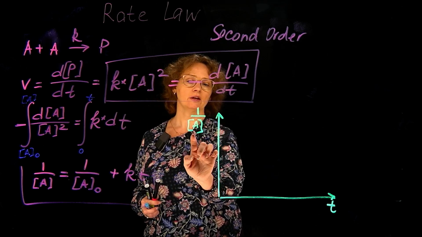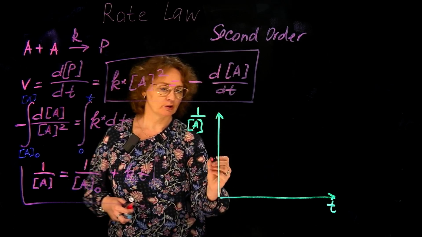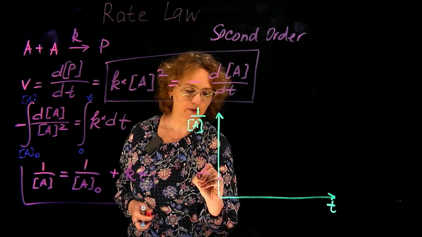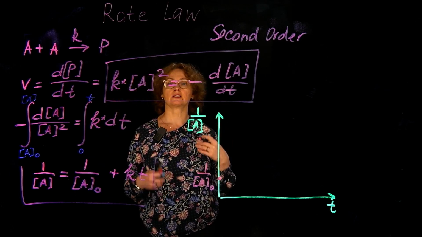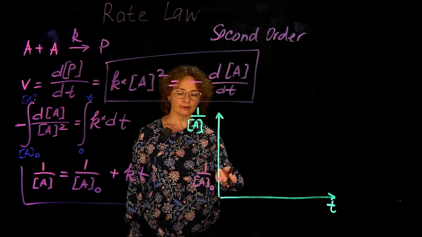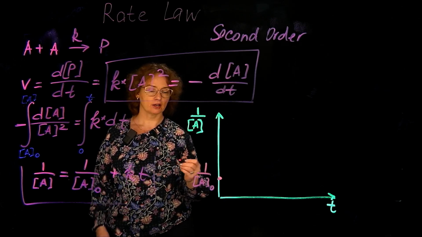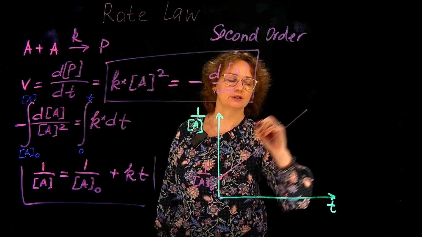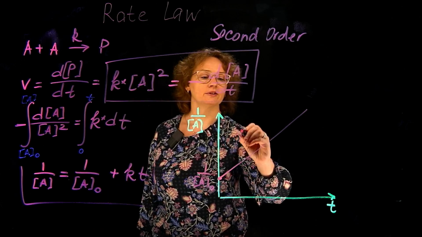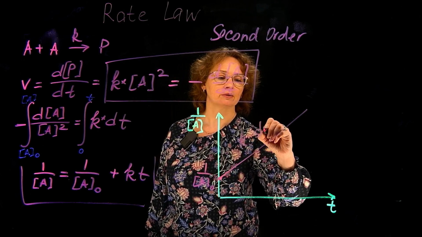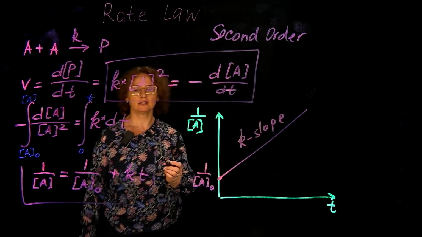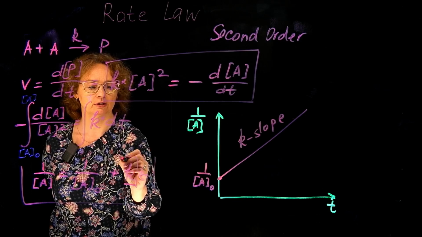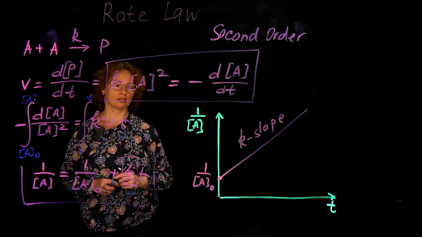Because the y-axis is inverse, our starting point is right here, and as the reactant gets consumed, its inverse function accumulates. So we see an increase, and the slope of that relationship is our second order rate constant.